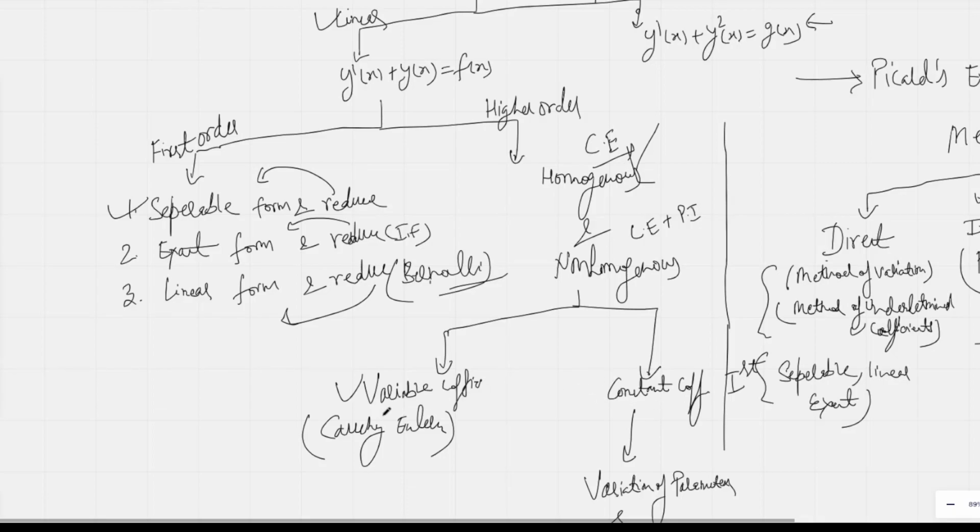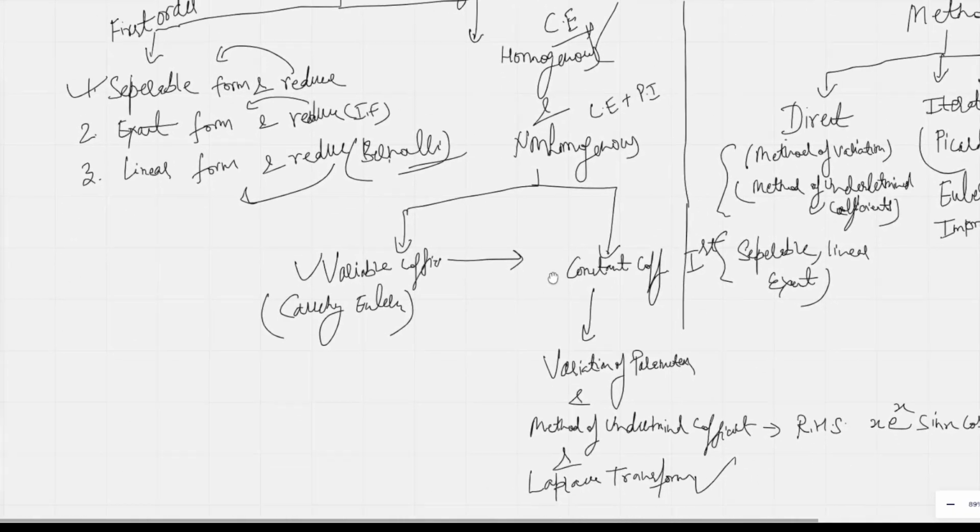In variable coefficients, we have a special case called Cauchy-Euler. Using some transformation, we convert it to constant coefficients and then solve it. Or if we have some special variable coefficient problem, we can even solve it, but not all the problems.